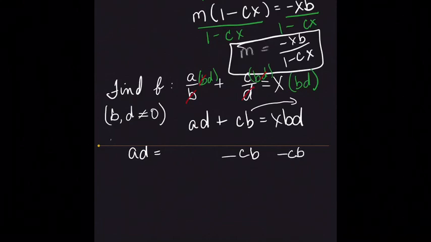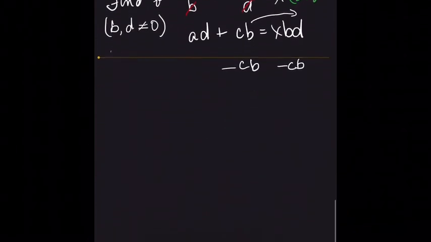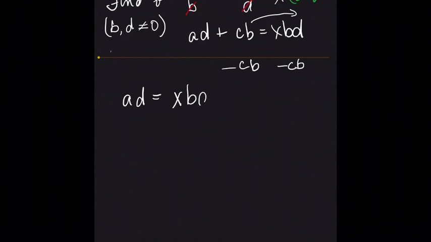Okay. I'm going to write this further down. So we show that AD equals XBD minus CB.